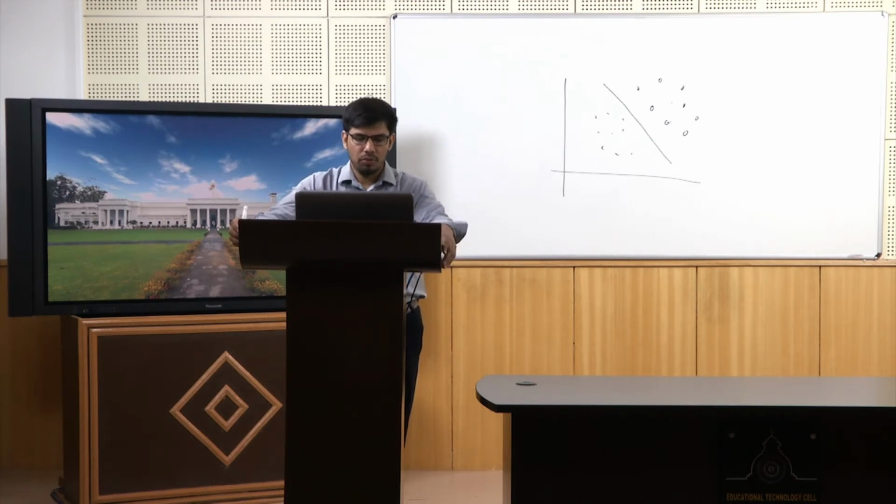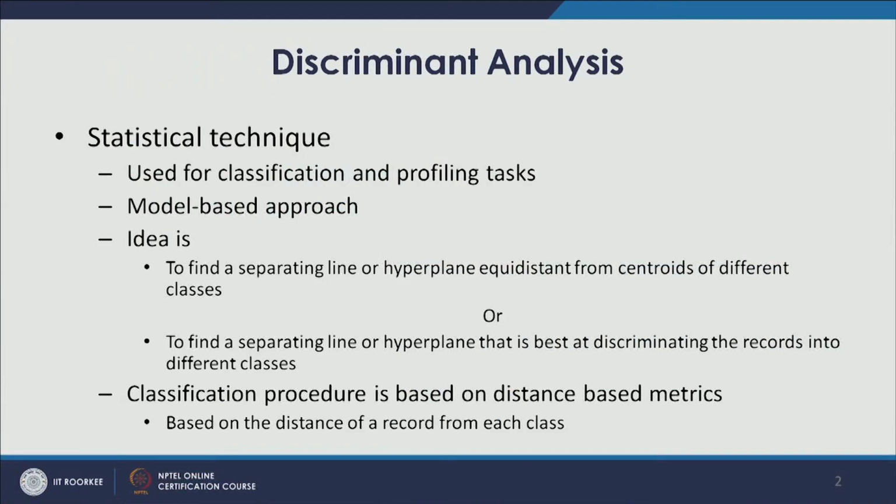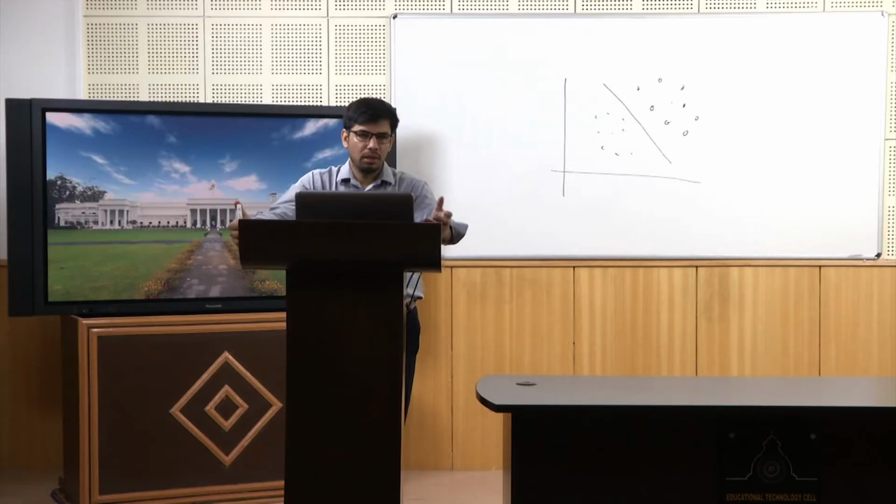Another approach is to find a separating line or hyperplane that is best at discriminating the records into different classes. So that is another approach. In terms of theoretical understanding, there is not much of a difference. However, when you go about implementing it using software, implementing the actual steps of the algorithm, then there are slight differences.